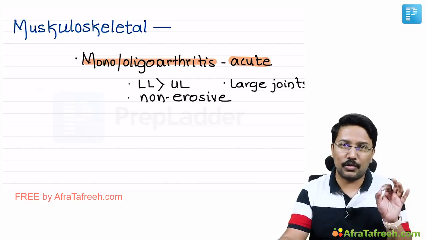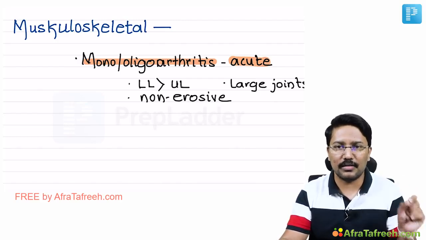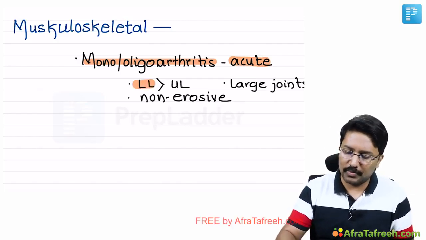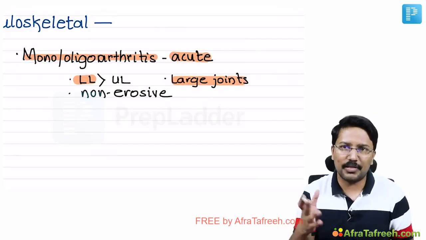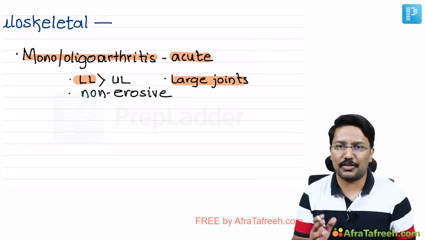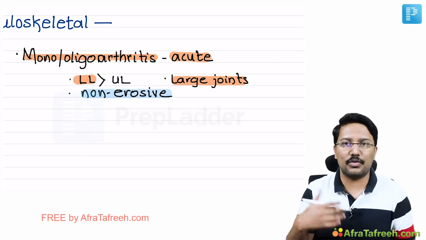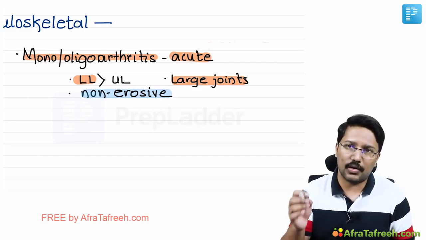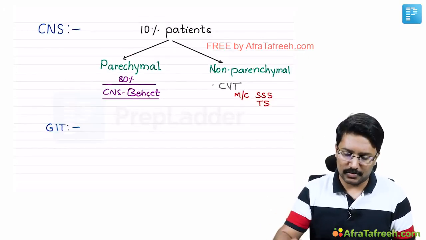Now we are talking about a musculoskeletal manifestation which is acute: monoarthritis or oligoarthritis primarily affecting the lower limb large joints. Knee, ankle and hip joints are typically affected, and this arthritis is going to be non-erosive, non-deforming. That is the classical presentation.